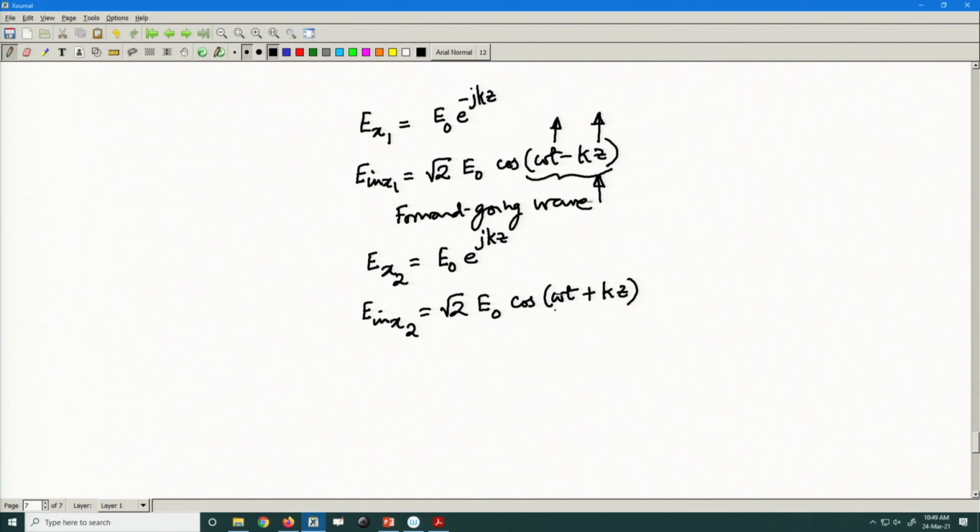So, you see now, in order to maintain constant phase for a constant phase point, as time increases z has to decrease. So, as time keeps on increasing, the wave moves backward. So, this represents a backward going wave.